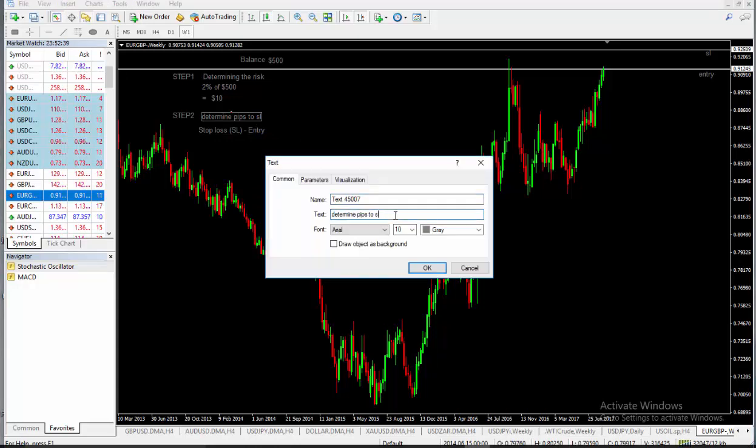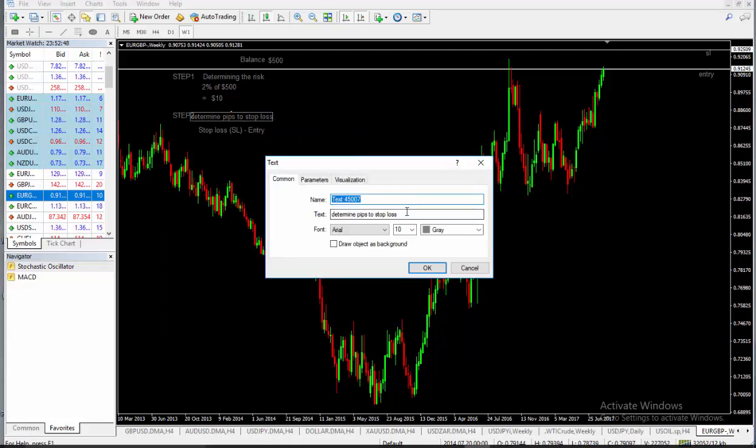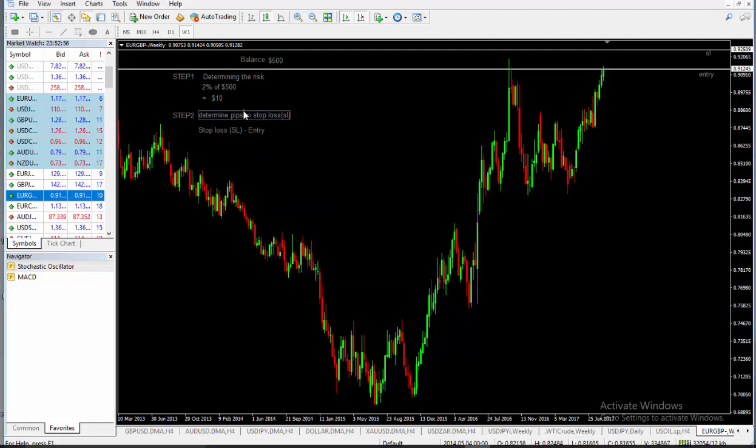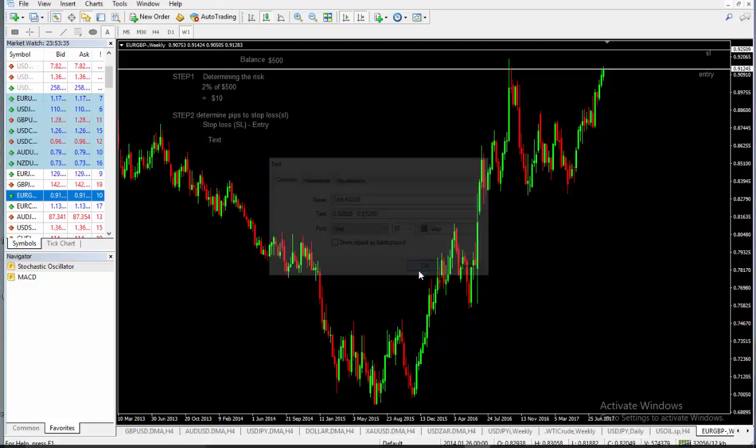Pips to stop loss. Our stop loss number is 0.92509, and that number is subtracted by our entry number, which would be 0.91245.